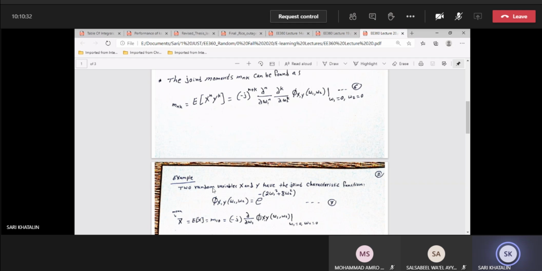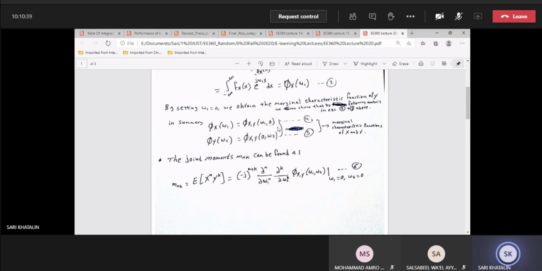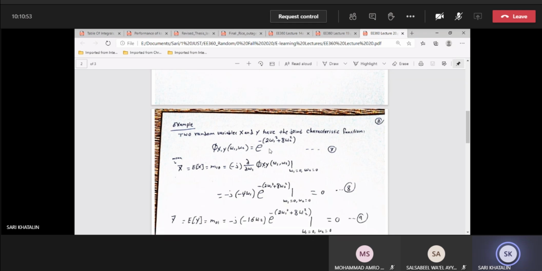So in order for us to find the mean of X, you need to find the marginal characteristic function of X, and then if you need to find the mean of Y, you need to find the marginal characteristic function of Y, just like we just said here. So you do that.